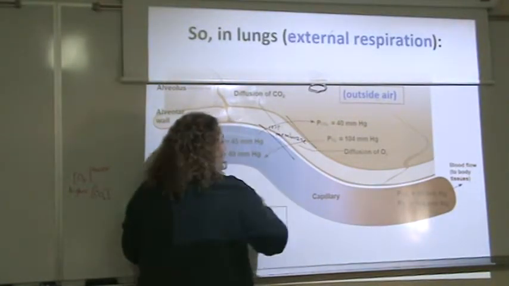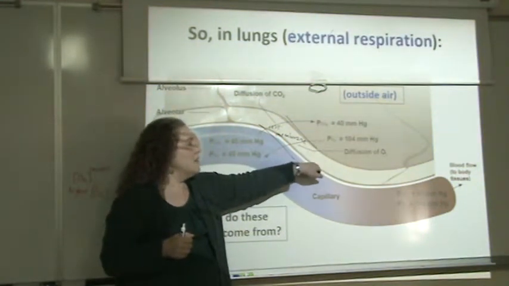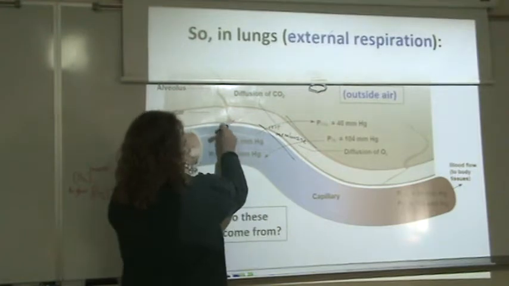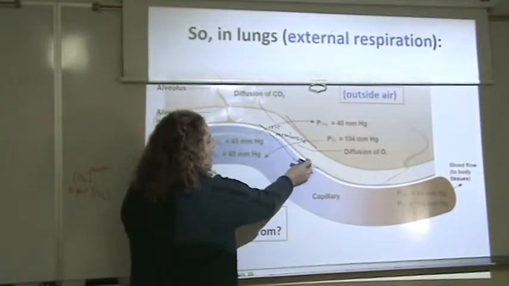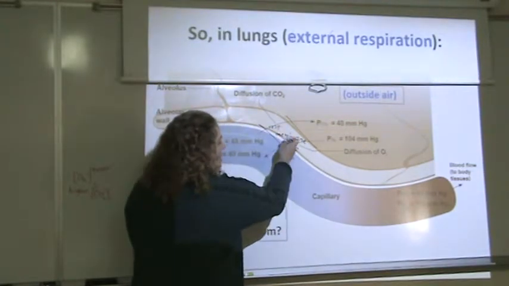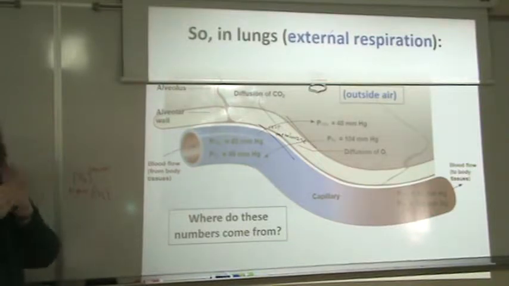There's our respiratory membrane. So we've got the wall of the alveolus, 1 cell thick. The wall of the capillary, which they don't really have to scale, but that would be right here. There's a basement membrane and fluid in between. That's where gases are supposed to be moving across.